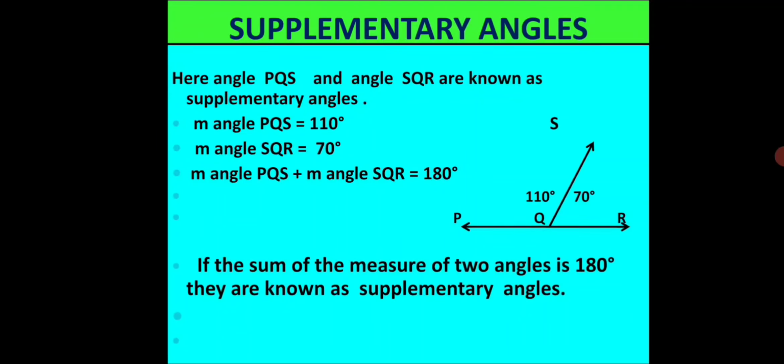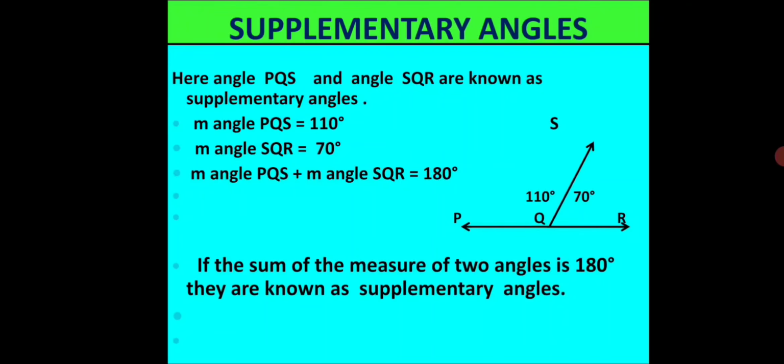Here line PR is a straight line, and on that line the ray QS is plotted, separating the angle into two parts. So angle PQS and angle SQR are known as supplementary angles.